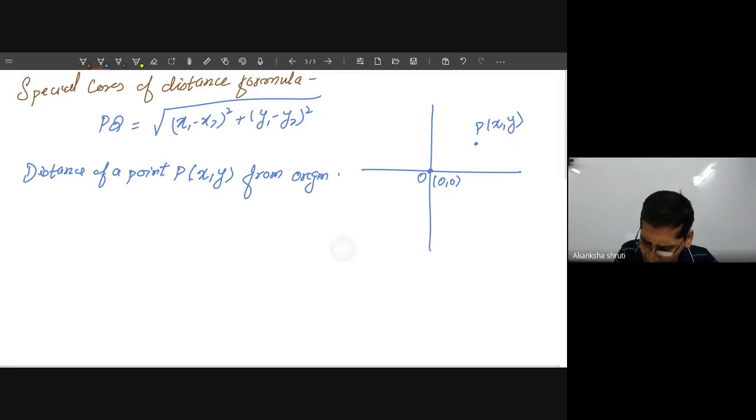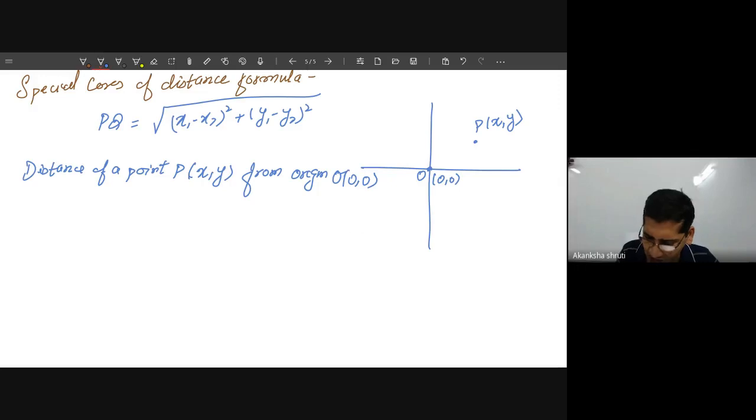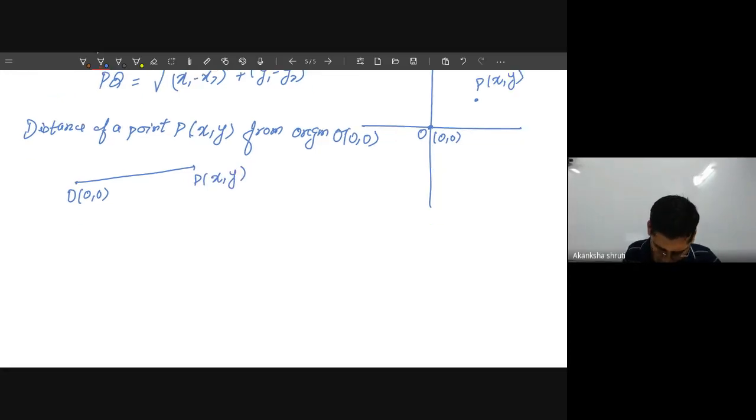The coordinate of origin is O, x coordinate is 0 and y coordinate is 0. Means this is our O, which is 0, 0. This is our P, which is xy. So what will be this OP here?